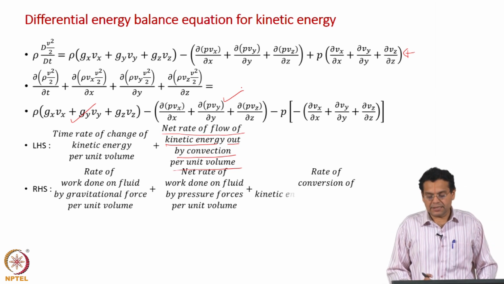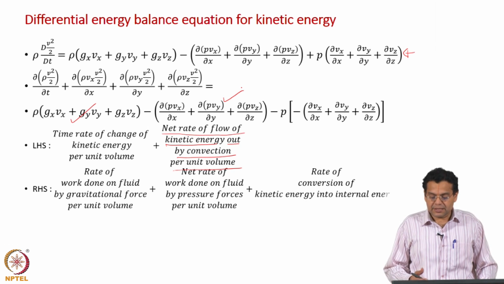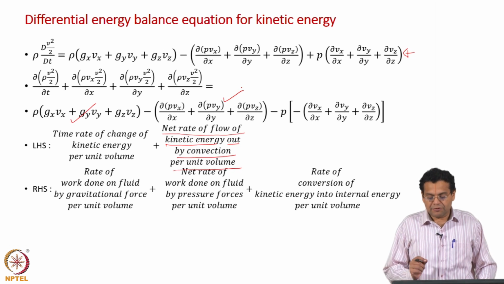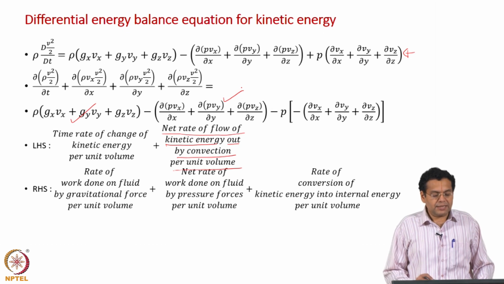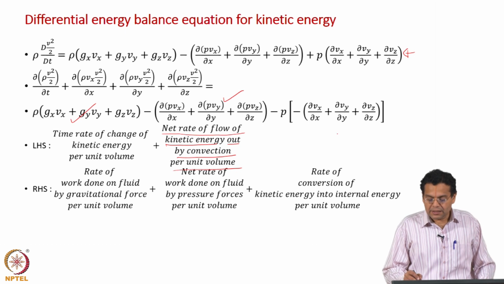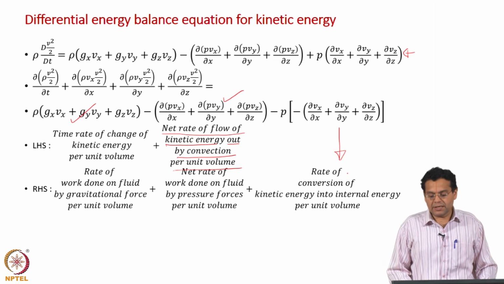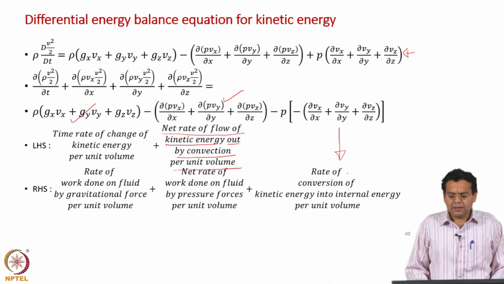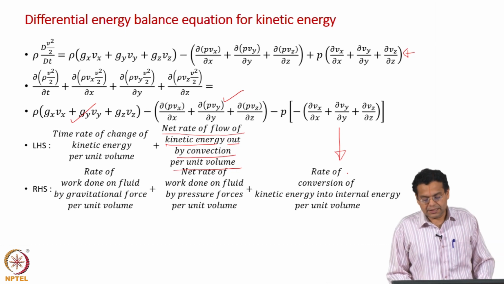We will just write the significance and then a few slides later we will justify it. It tells you the rate of conversion of kinetic energy into internal energy per unit volume. We will discuss why this term has this physical significance, which is conversion of kinetic energy into internal energy.